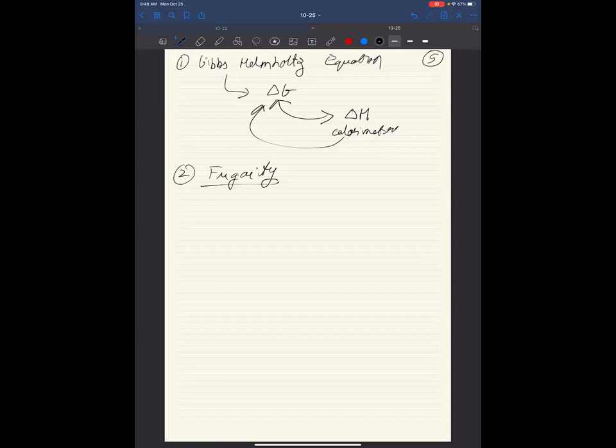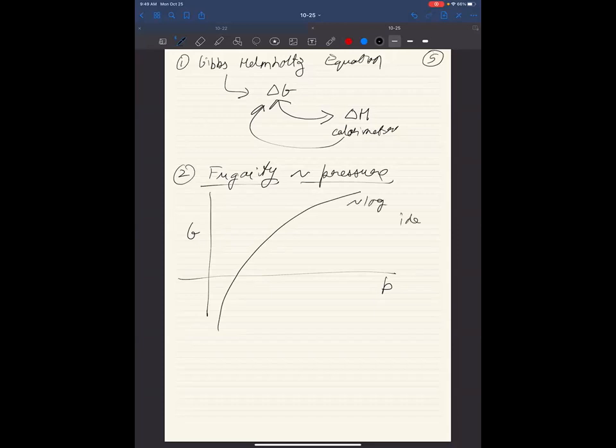Fugacity is something that takes the ideal behavior. It's related to pressure. It's hard to define what exactly it is, but we will come to terms with it. Basically it explains how Gibbs energy behaves. We will show next time that for an ideal gas, the Gibbs free energy varies as a function of pressure, something like this. We will draw this behavior. For an ideal gas, it looks like a log.